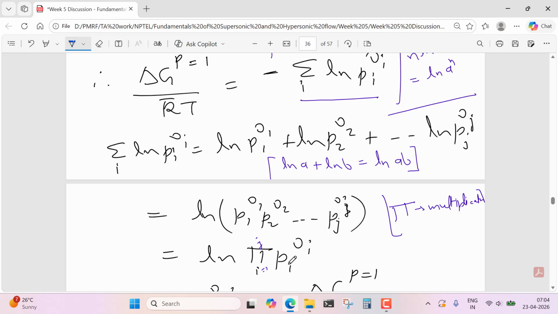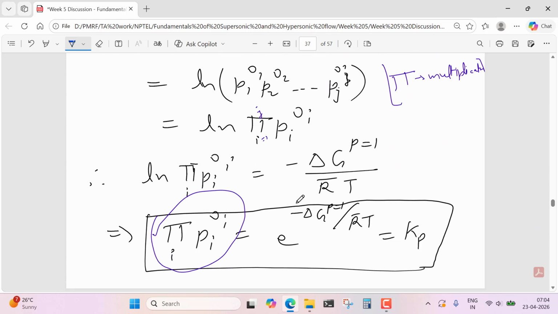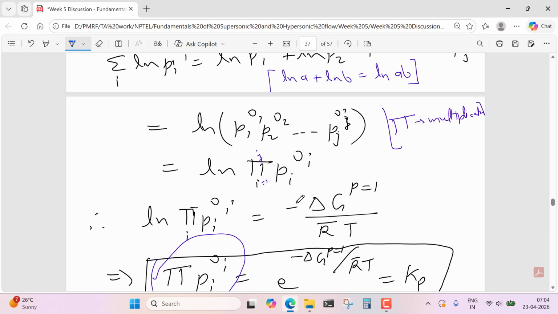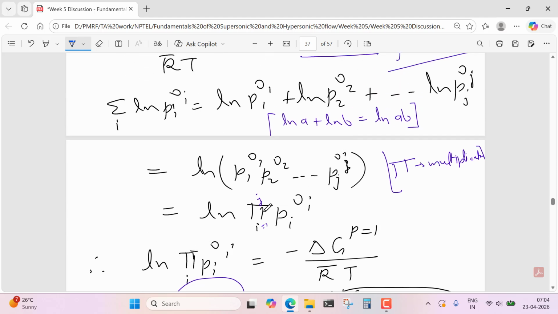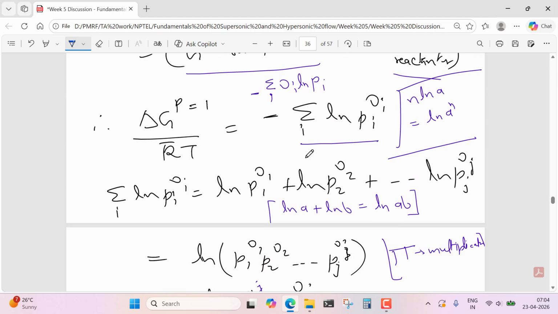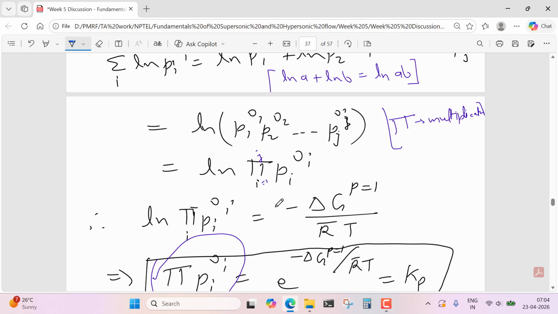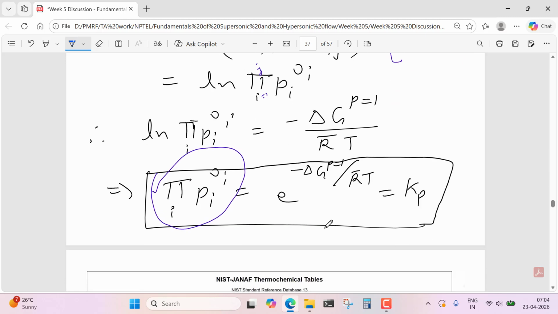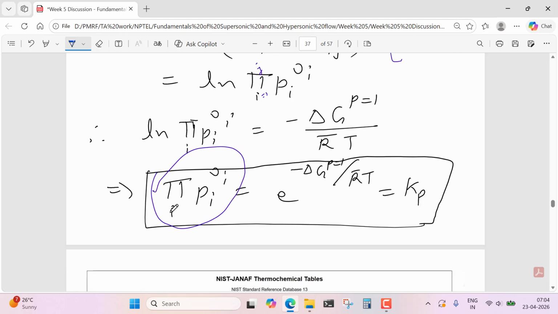And this product of Pi to the power mu i is nothing but the equilibrium constant. So if we substitute this in this equation, we get log of the product of Pi to the power mu i equal to minus delta G at P equal to 1 upon R bar T. If we remove this log, we get the product of Pi to the power mu i equal to e to the power minus delta G at P equal to 1 upon R bar T, which is equal to Kp, the equilibrium constant.